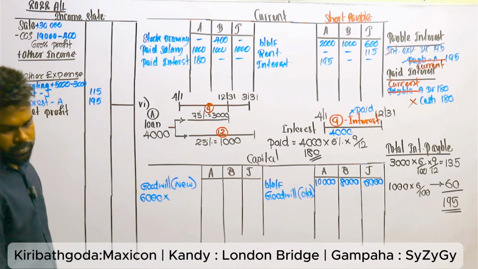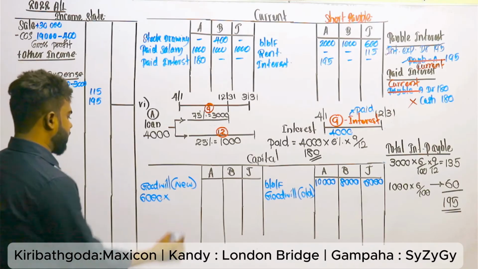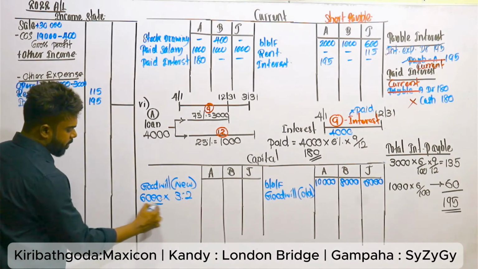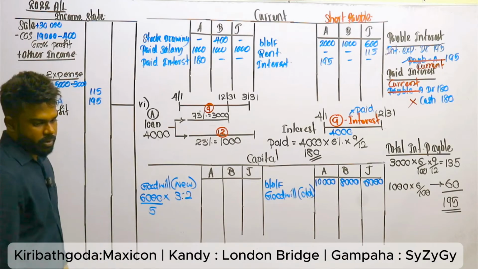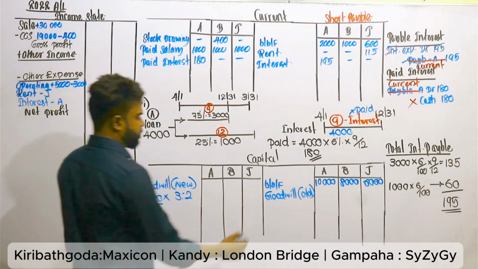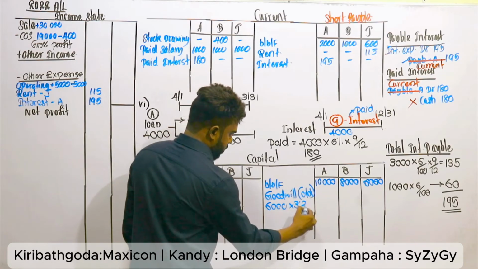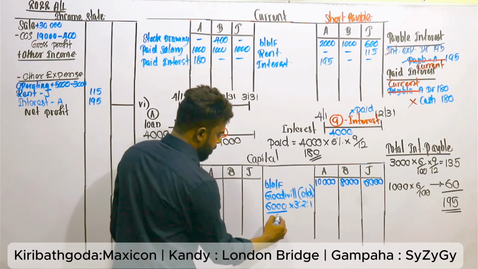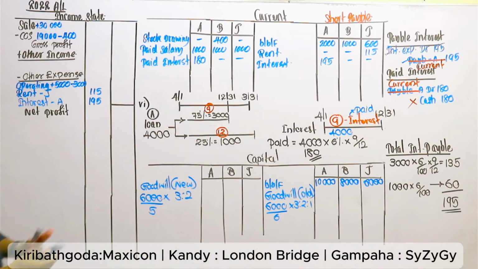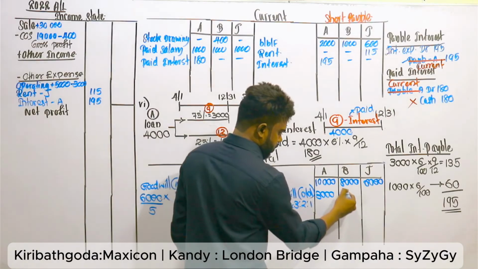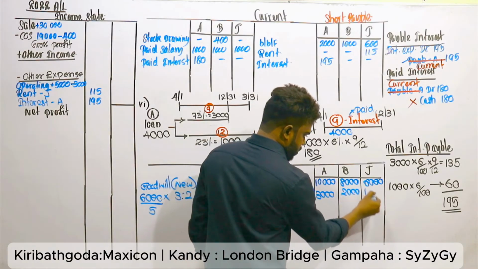The new ratio is 3:2 after Jaini retired. The old ratio was 3:1, divided by 6. 3,000 and 1,000.